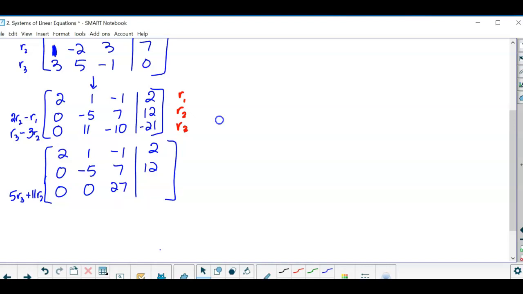Negative 105 plus 132 is 27. Okay, so therefore 27Z equals 27. So Z equals 1.